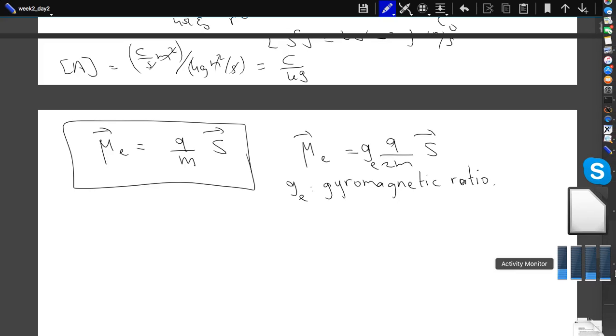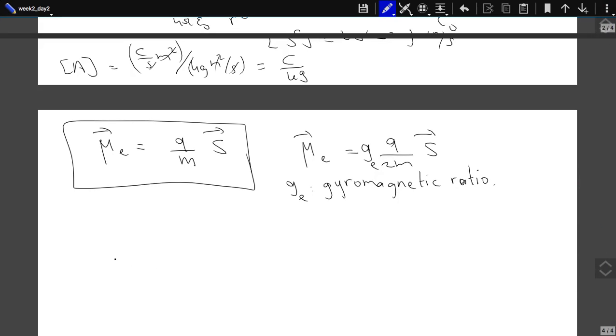Now we can make a classical argument that would tell us that the magnetic moment should be Q over 2M multiplied by the spin rather than Q over M. Now let's also go over that argument.